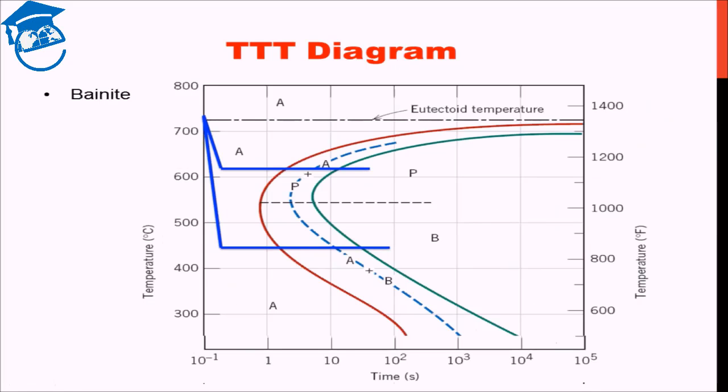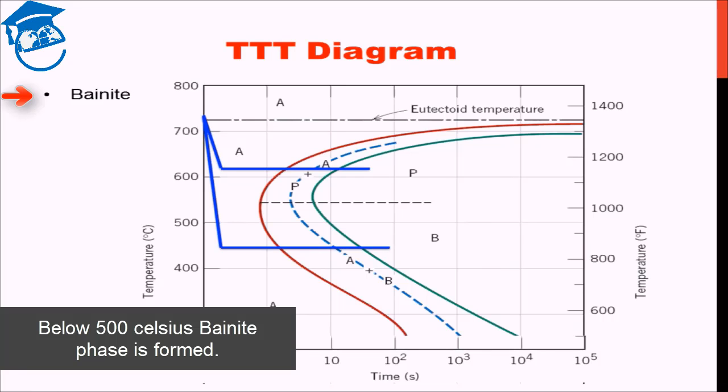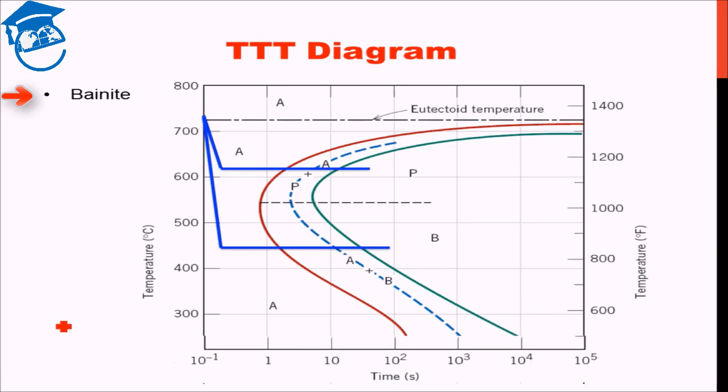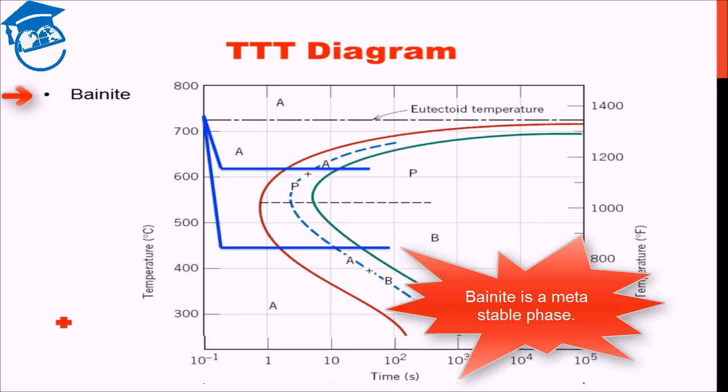But if we go below 550 degrees Celsius, then we have a different kind of phase formed, that is known as bainite. If you remember the phase diagram, there was no bainite in the phase diagram. This means that bainite is not the most stable phase, rather it is a metastable phase. But being metastable, it has a needle-like structure.